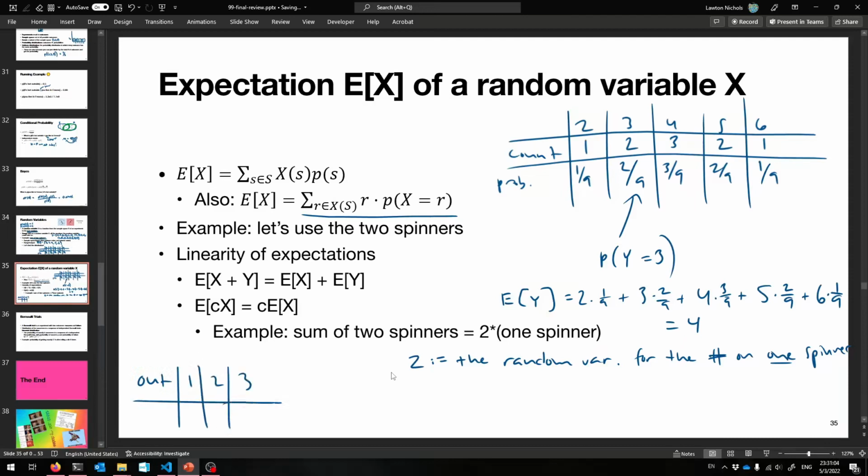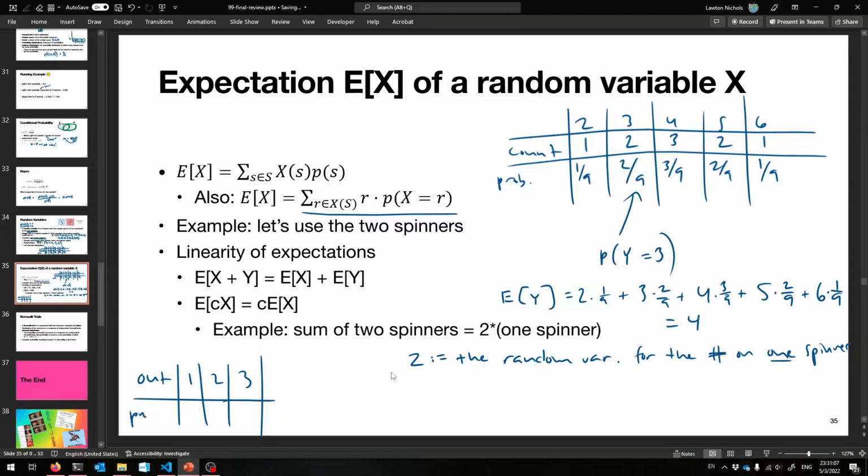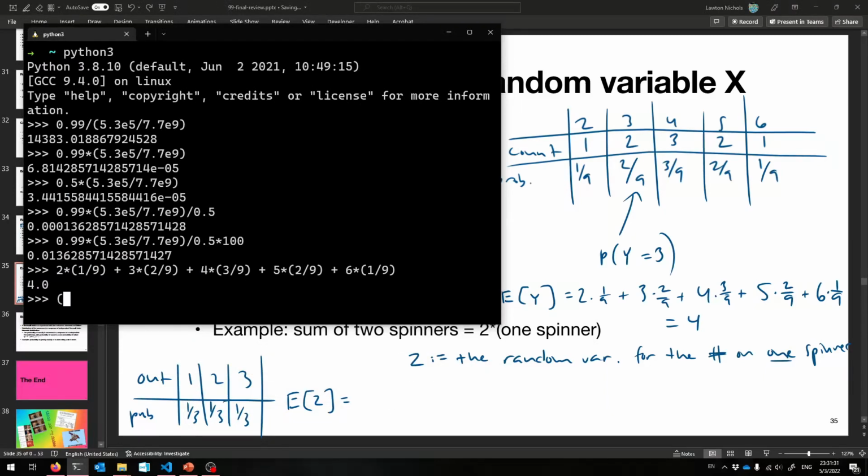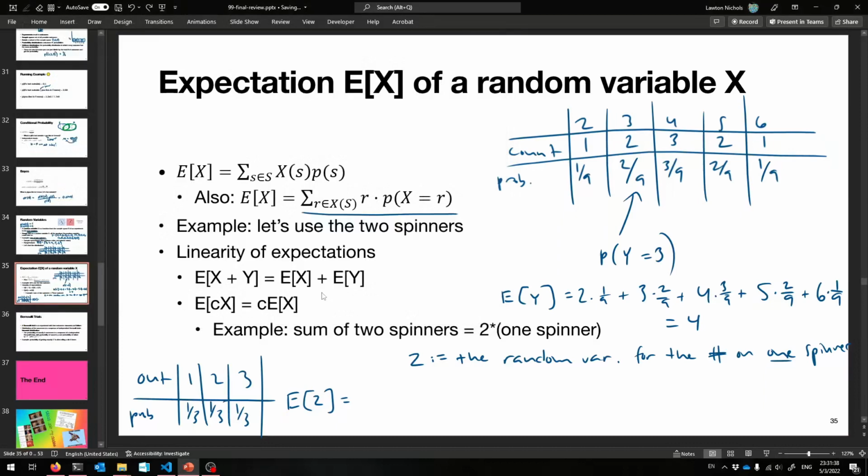With what probability? Well, it's a 1/3 chance it's on a 1, 1/3 chance it's on a 2, 1/3 chance it's on a 3. So the expected value of just z by itself, of a single spinner, is 1 times a third plus 2 times a third plus 3 times a third, which I'm pretty sure is going to be 2. So 1 times a third is just a third, plus 2/3, plus 3/3 is just 1, so that is 2.0, so we get 2.